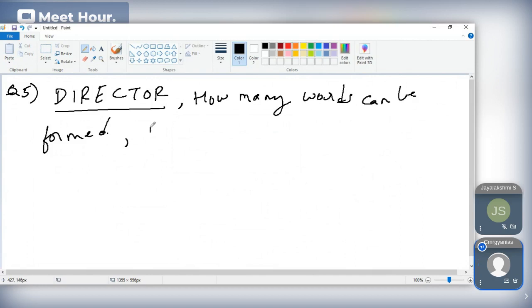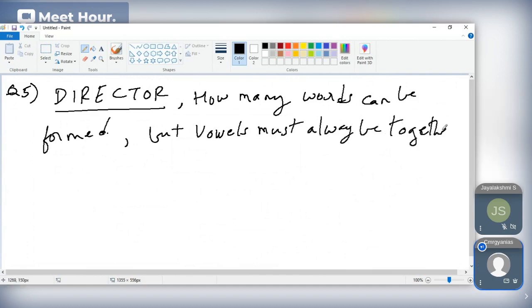Condition is but vowels must always be together. So just do this and I will come back.